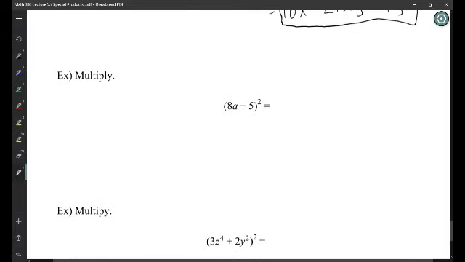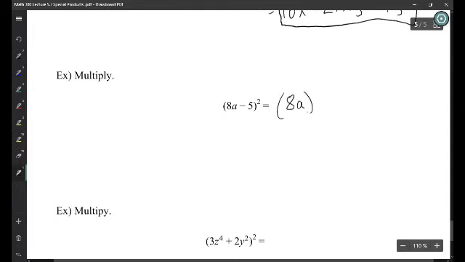All right, again, a little bit faster. This is a difference of 2 terms squared. So we get the first term squared. We have minus here, so it's minus 2 times the first term times the second term. And then plus the last term squared.